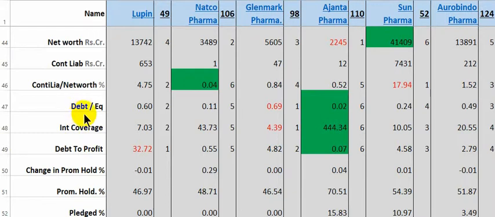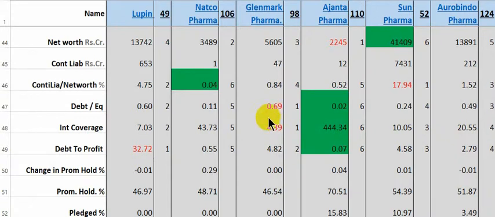So in terms of debt to equity, Ajanta Pharma has done the best in keeping its debt as low as possible, and Glenmark had the highest debt compared to its equity at 0.69. Even though this is less than 1, in the peer group it has the highest debt to equity. In terms of interest coverage also, Glenmark's coverage is just 4.39 years when compared to other companies which have much higher coverages.